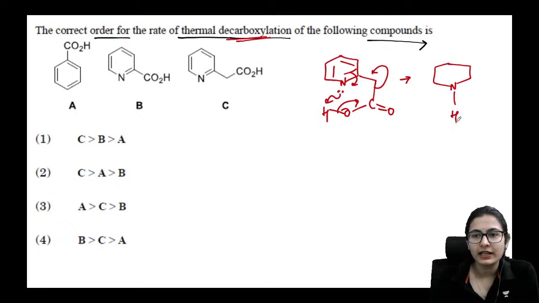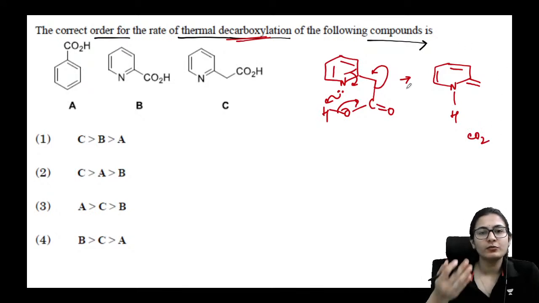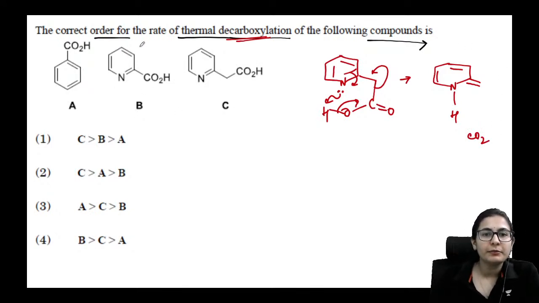It's going to take away a proton, and this is a double bond over here, and CO2 is eliminated. So this is going to be somewhat more stable as compared to option B, isn't it?